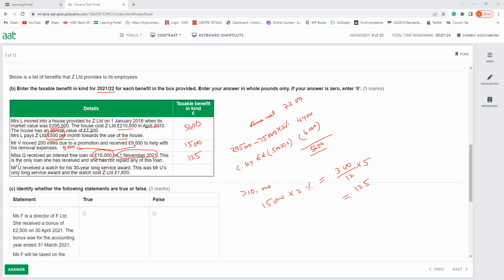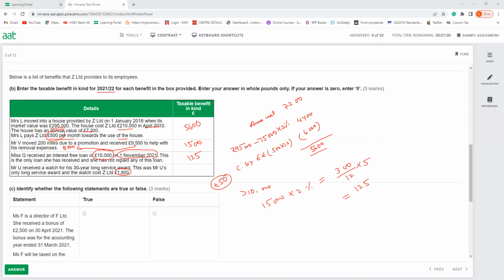The next one we have here, Mr. Yu received a watch for his 30 years long service award. This was Mr. Yu's only long service award, and the watch cost 1,800. Remember that long service award is allowable at £50 per year. Anything in excess of that will be taxable benefit.